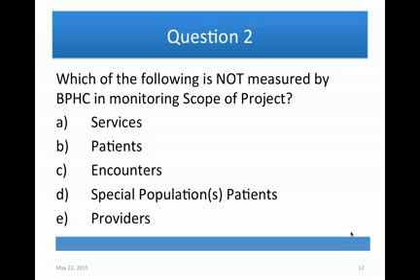We've had 83% vote or respond. Okay, John, I'm going to close the poll. It looks like 80% said C, encounters, and 20% of those who responded said E, providers. Okay, the correct answer is encounters.